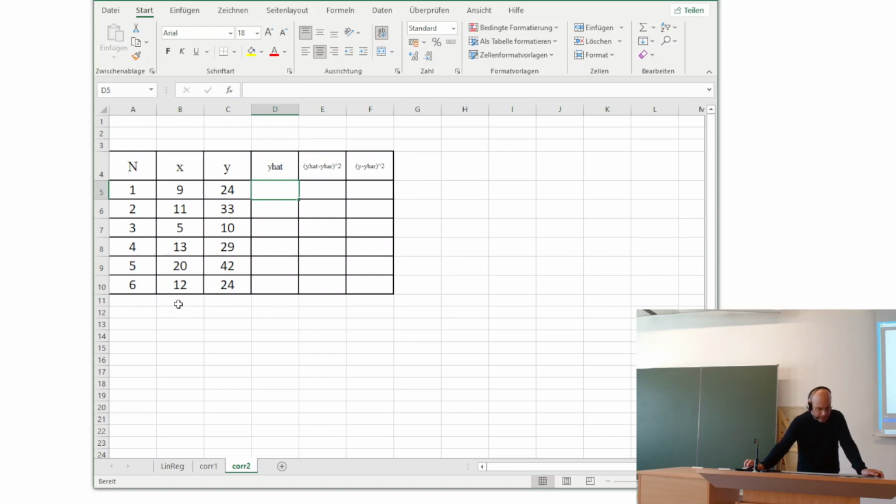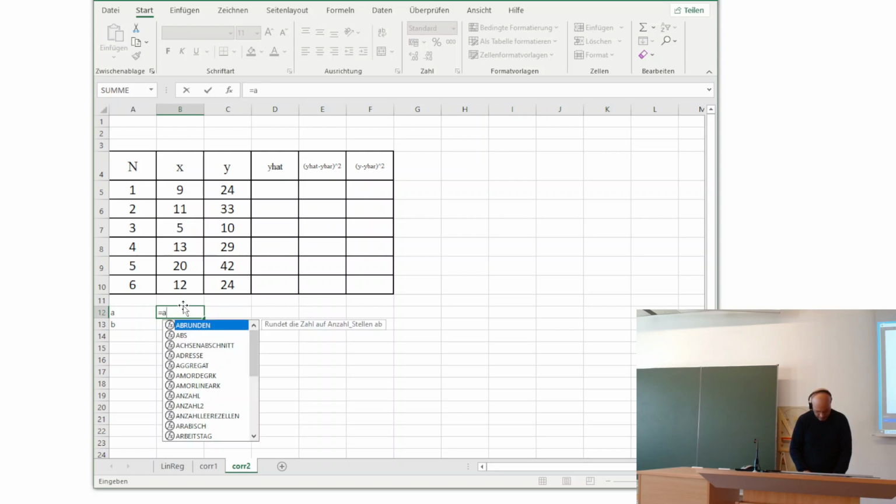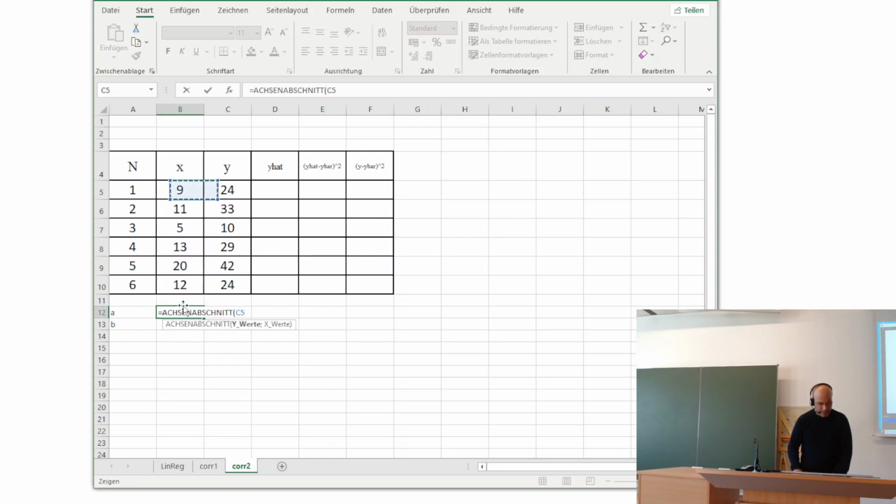Yeah, again we need A and B in order to calculate y hat, the data points which are lying on our linear line. This we had already done. Let's do it again. Y and X. And this is the slope.